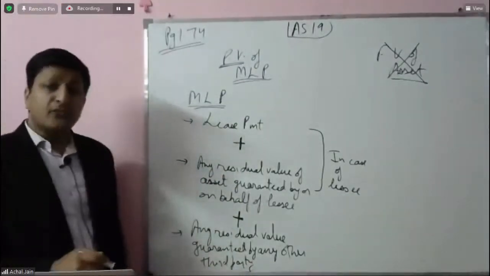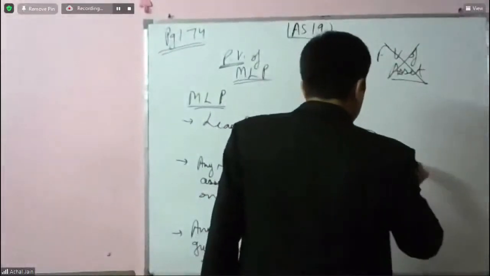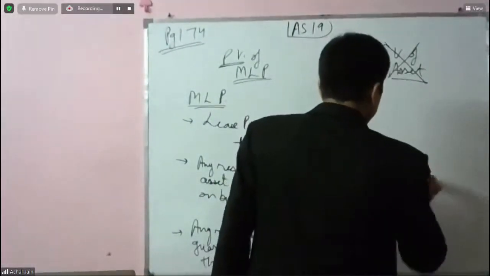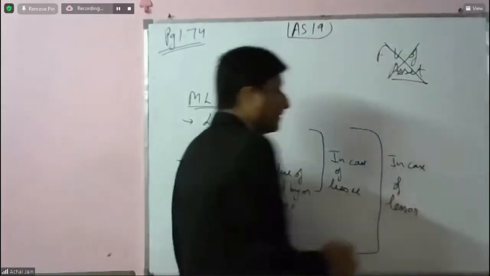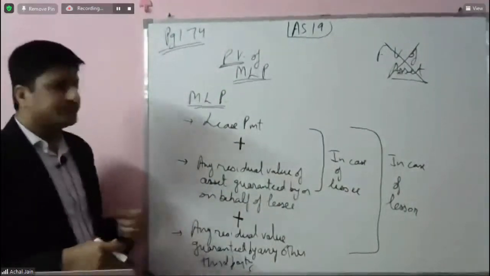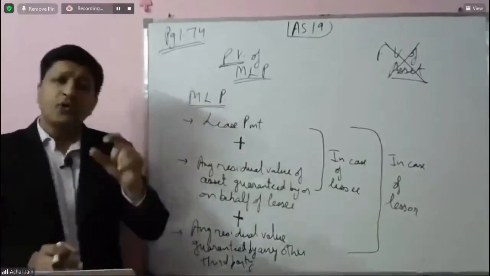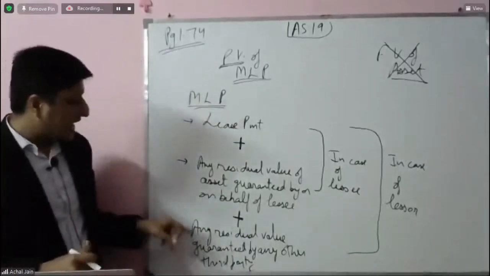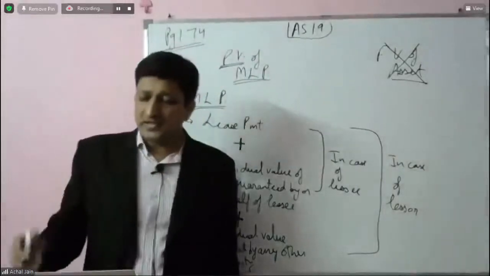But for a lessor, when you will check what are MLPs, you will add all three. So can you understand the difference? For a lessor, you will have to add this third item, which you will not do for a lessee.